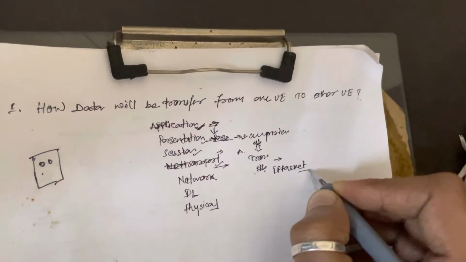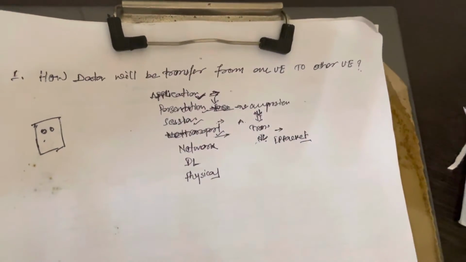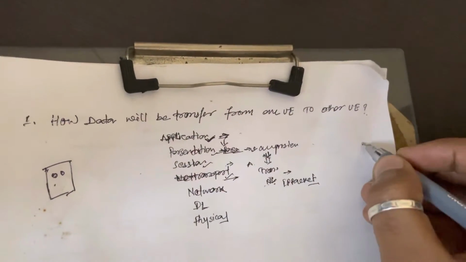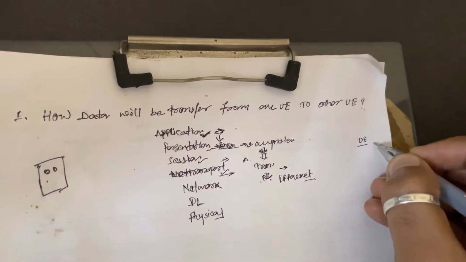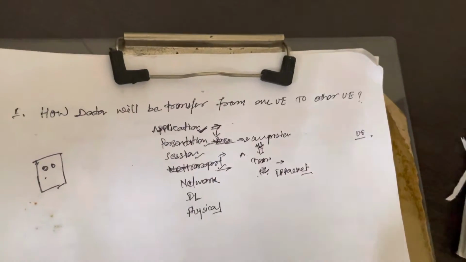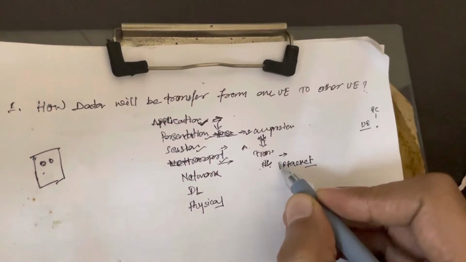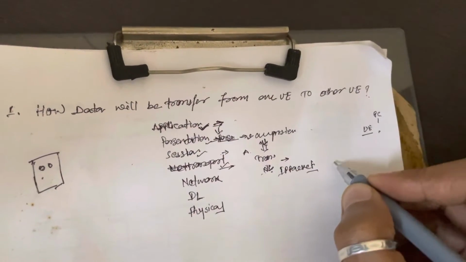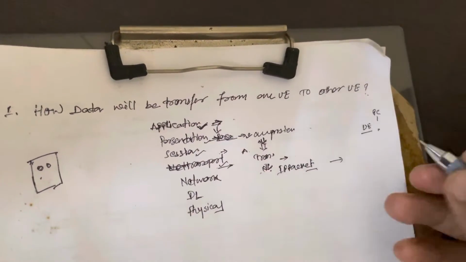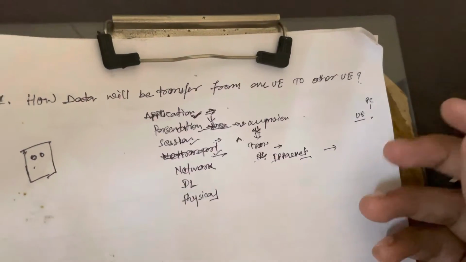But here we are using UEs, and the UE doesn't have a router. Suppose you have a PC, right? After the IP packet, it will forward it. So how will you forward this data?